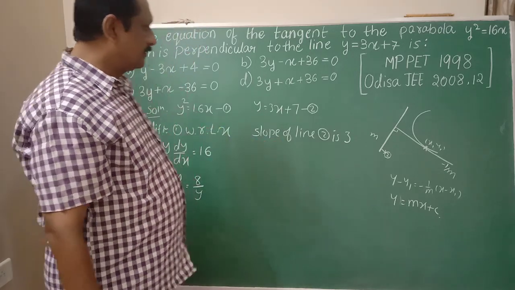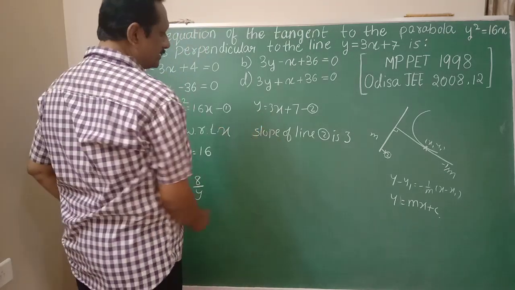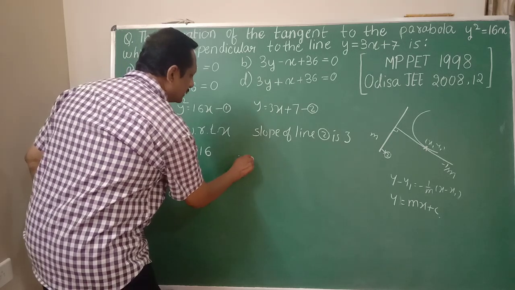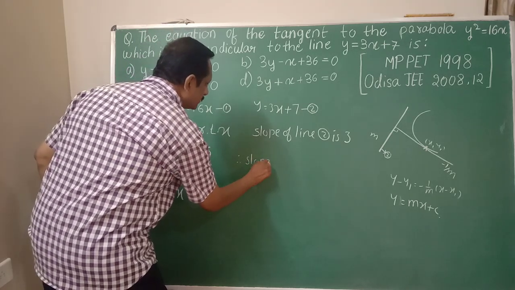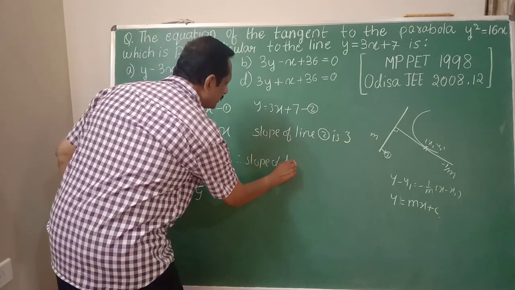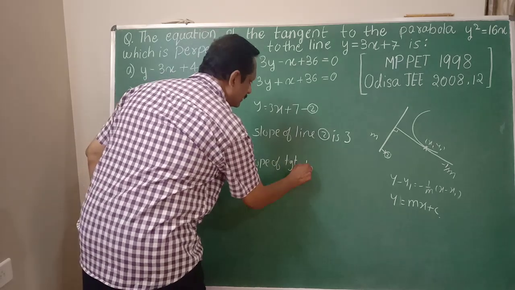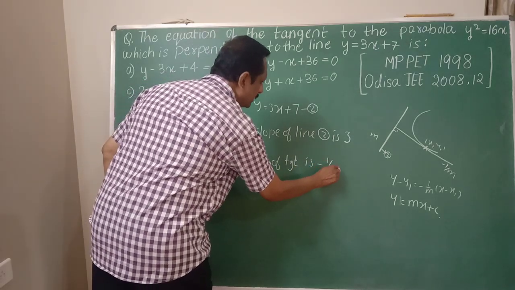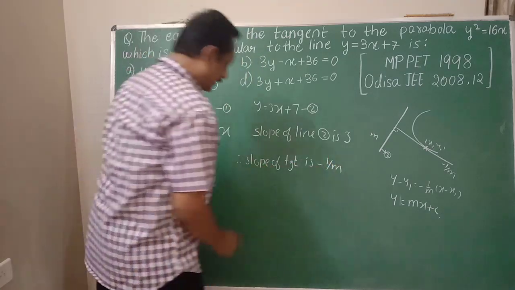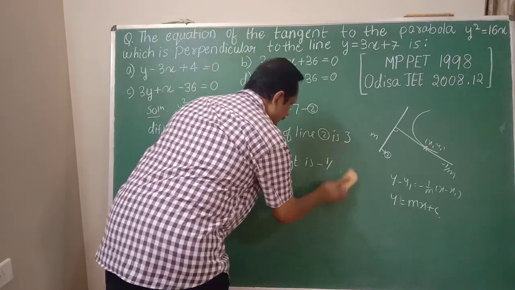Therefore, since the tangent is perpendicular to this line, the slope of the tangent is minus 1 divided by 3.